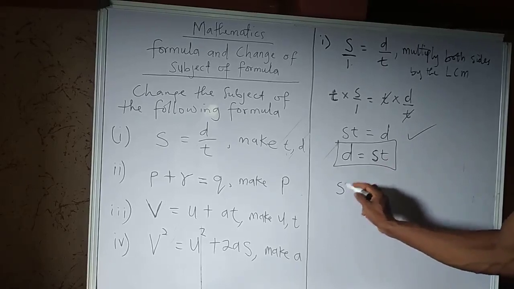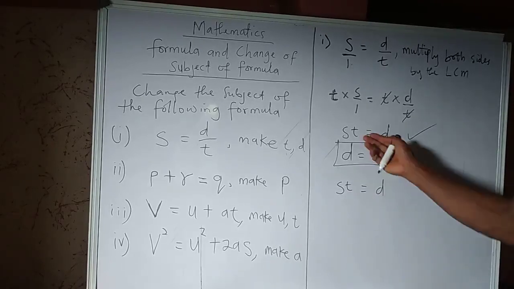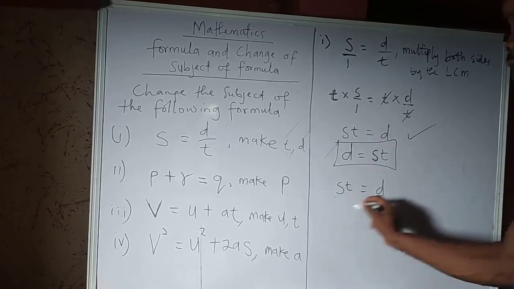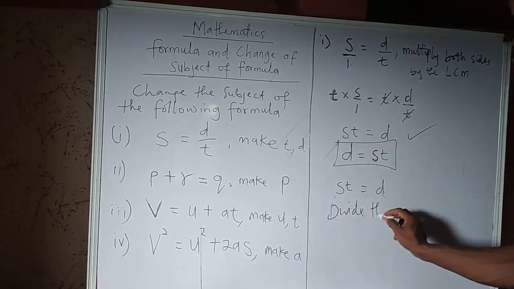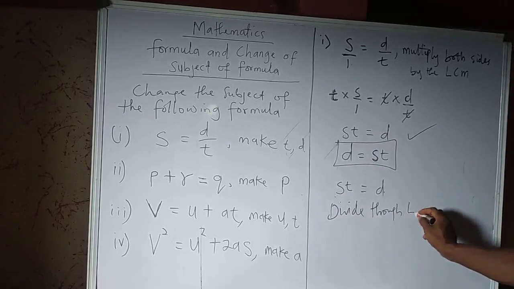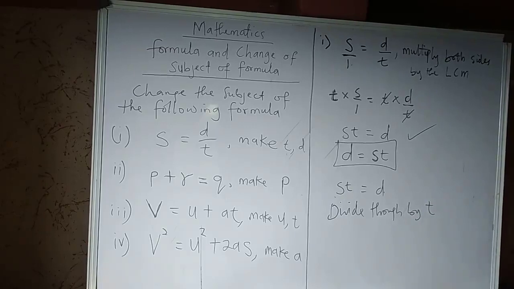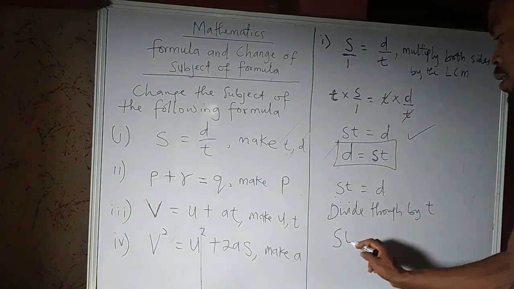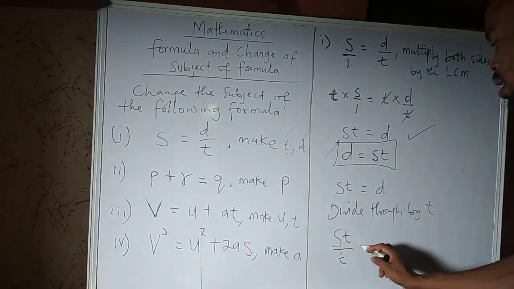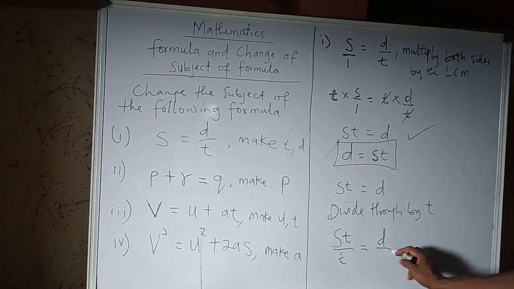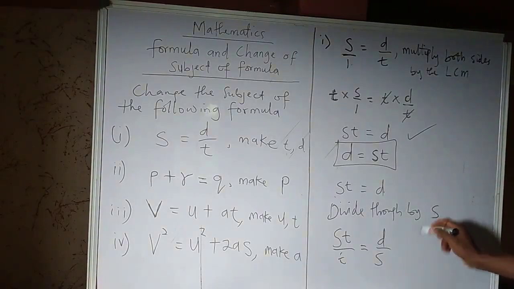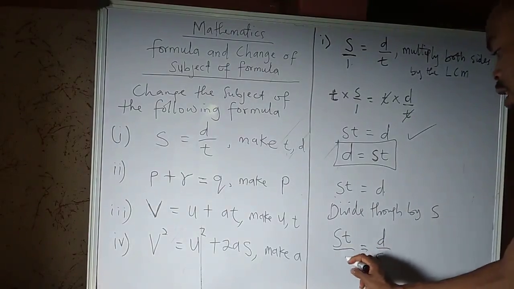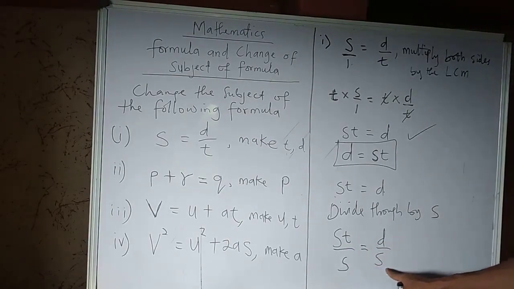So from ST equals D, I'm just writing the same thing. Sorry, I'm going to be dividing through by S. So that I'll have ST over S equals D over S, right?